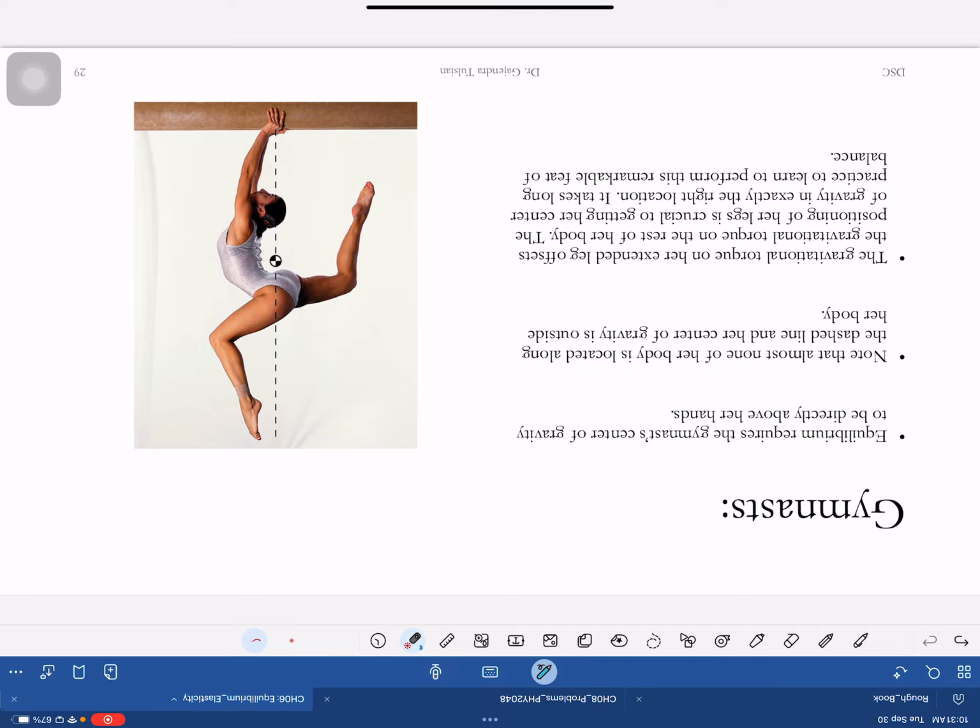This is not easy to do. It takes long practice to learn to perform this remarkable feat of balance. You see this part of her torso is to the left, which is being balanced by the leg on the outside.